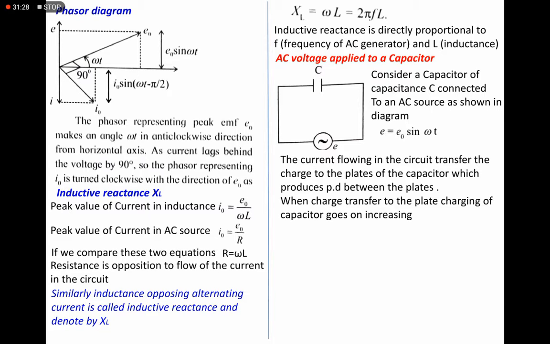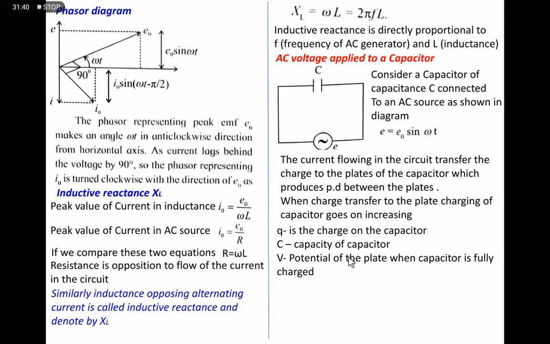And because of the transfer of charge on the plates of the capacitor, the charging of the capacitor goes on increasing. Here Q is the charge, C is the capacity of the capacitor, and V is the potential difference across the plates of the capacitor when it is fully charged.